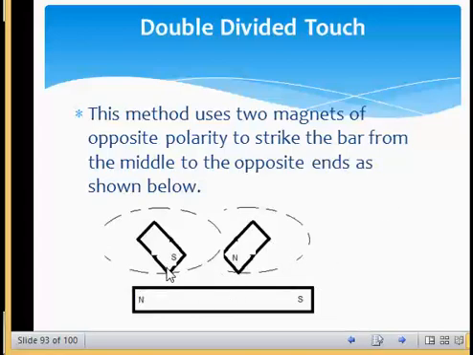Since I'm striking this side with a south pole, this side will definitely be a north pole. If I'm striking the other side with a north pole, that end of the bar will be a south pole. Please take note of that. I do that repeatedly until the bar becomes magnetic.